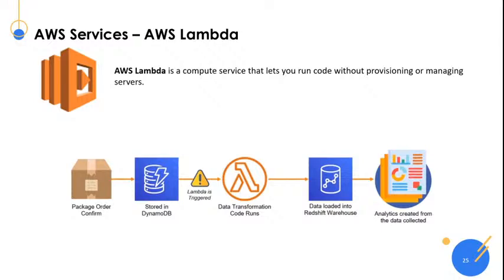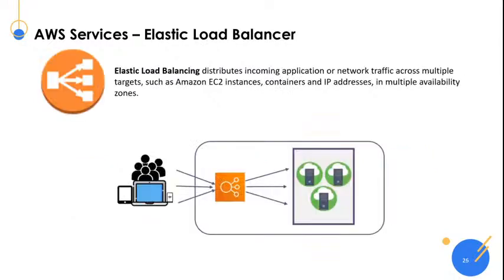Now, let's discuss our next service, which is the load balancer, Elastic Load Balancer. Okay, so whenever we create a production grade application, we basically deal with distributed computing, right?